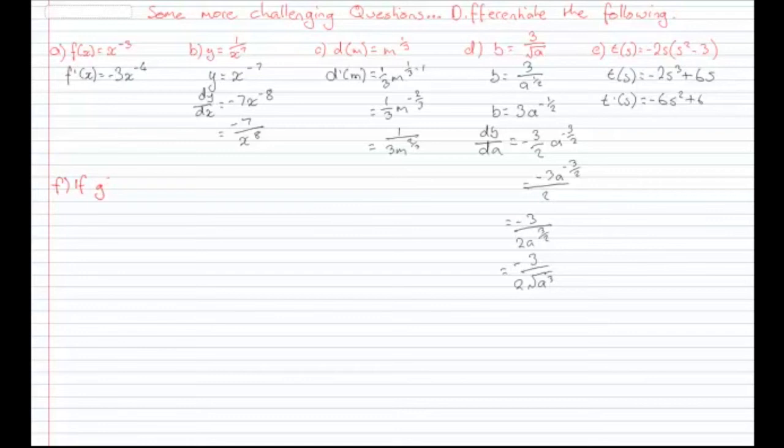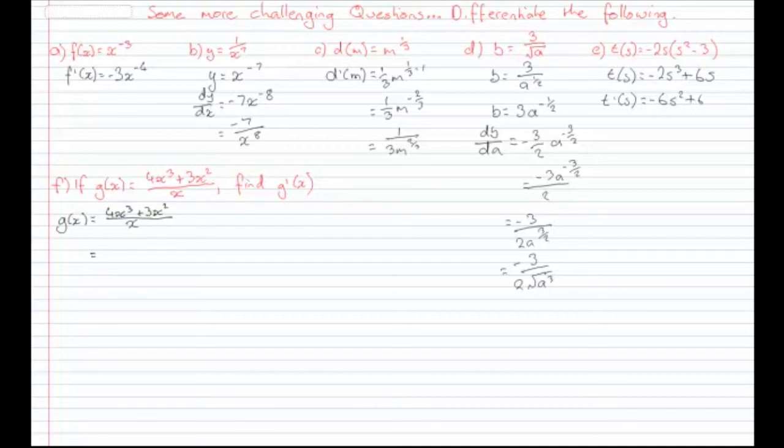G of x is equal to 4x cubed plus 3x squared over x. Find g dash of x. Alright, so let's write out the function. G of x is equal to 4x cubed plus 3x squared over x.